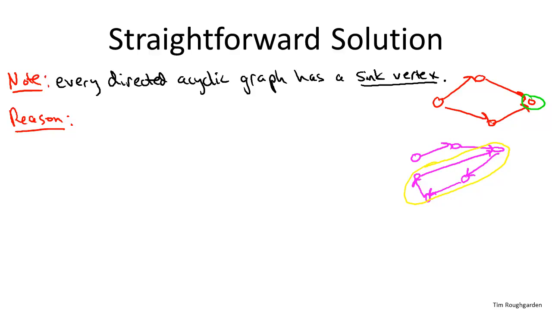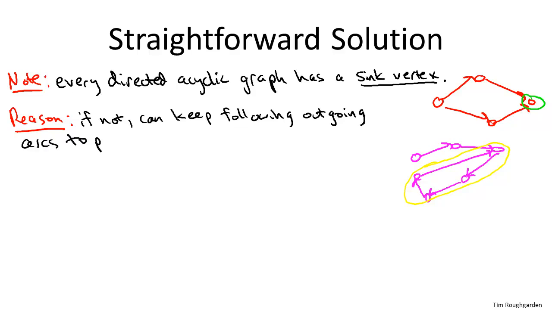So here's how we use this very simple observation now to compute a topological ordering of a directed acyclic graph. Let's do a little thought experiment. Suppose, in fact, this graph did have a topological ordering. Let's think about the vertex which goes last in this topological ordering. Remember, any arc which goes backward in the ordering is a violation. So we have to make sure every arc goes forward in the ordering.